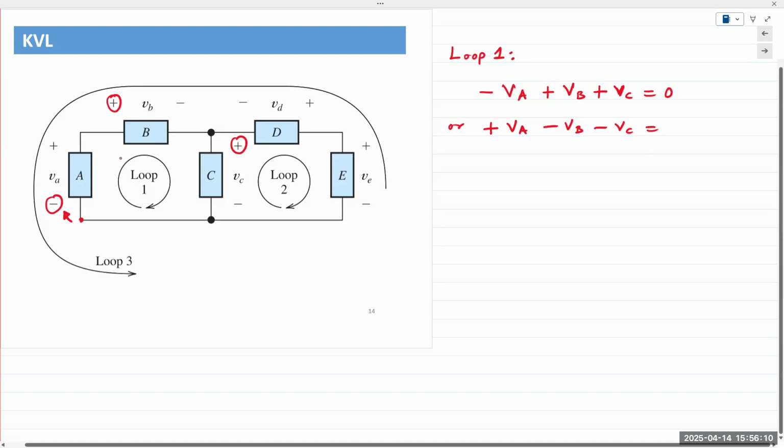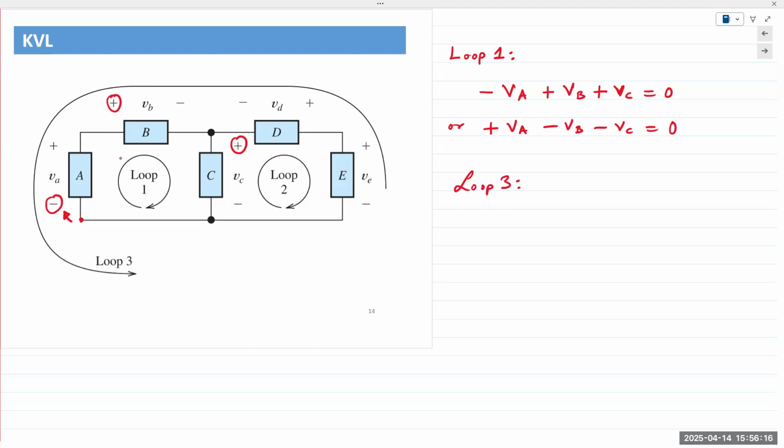If I apply loop 3, both clockwise and counterclockwise in opposite directions, starting at the bottom left corner, I have VA, VB, VD, and VE, and they should sum up to 0. VA would be minus, VB is plus, VD is minus, and VE is plus.